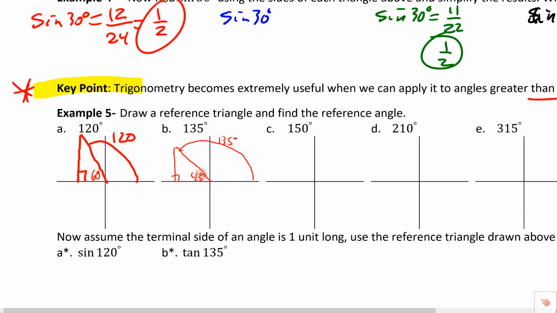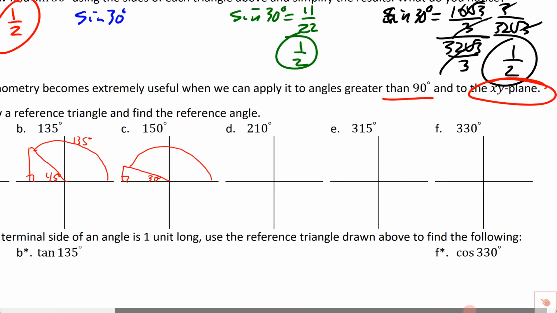It is 45 degrees. If I do the same thing with 150, 150 would come all the way over here. Forgive my drawing. There's our reference triangle right here. Luke, you want to tell me what the reference angle is? 30. It is 30 degrees. Would you draw the one for 210?